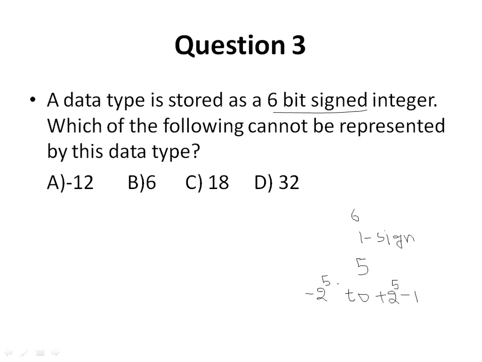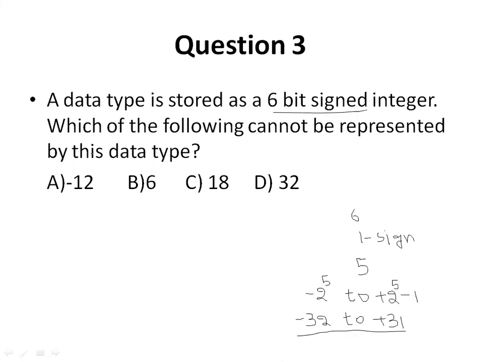If you find out the values, minus 2 power 5 is minus 32, to the positive side, 2 power 5 is 32, minus 1 means plus 31. These are the range of values that can be represented by this 6-bit signed type.